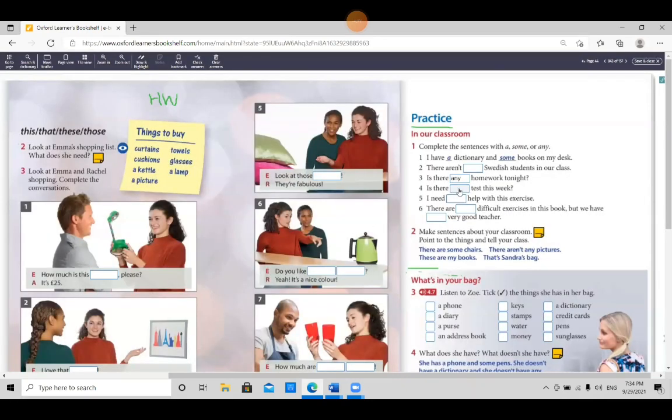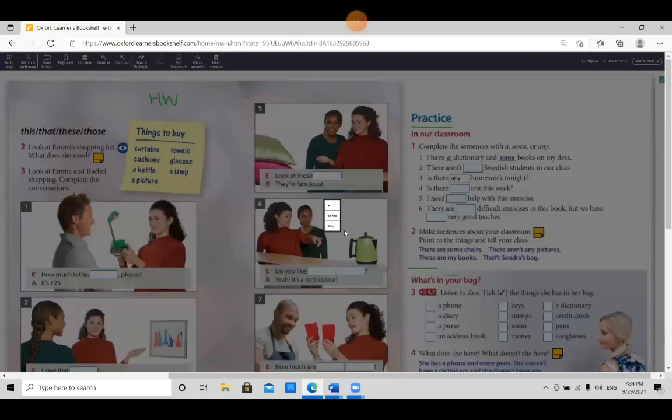Is there a test this week? Any question? What do we use, a or any?